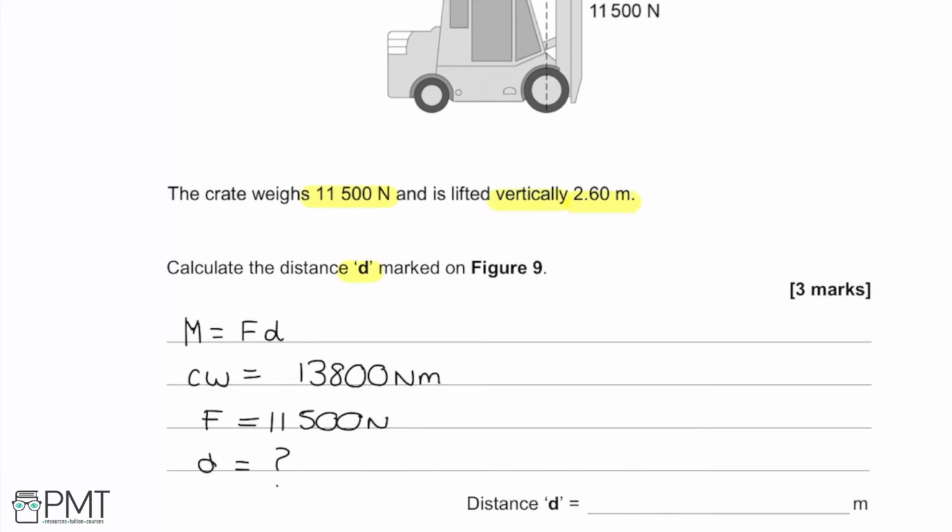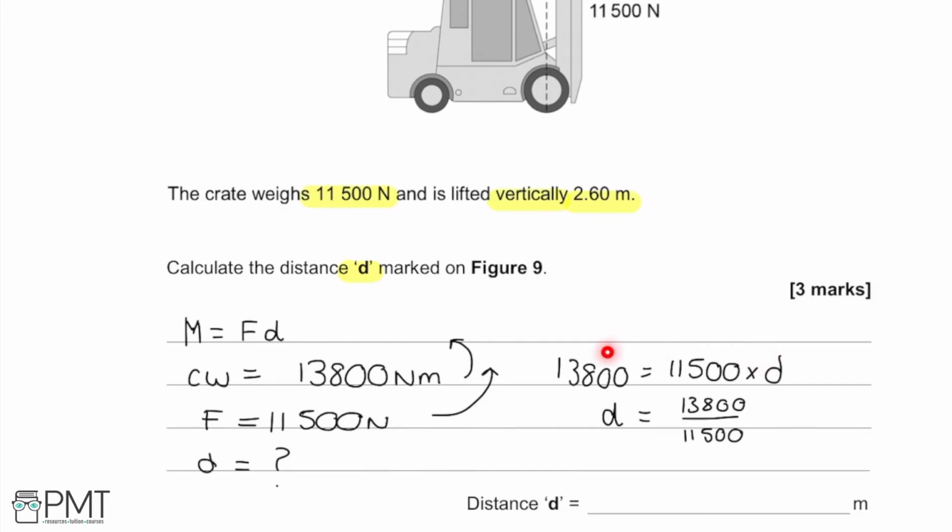So if we substitute these back into the formula, we have the moment, which is 13,800, is equal to the force, which is 11,500, multiplied by d. So in this case, the d is going to be 13,800 divided by 11,500. So here I'm just dividing both sides by 11,500.